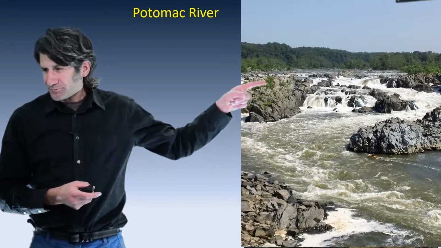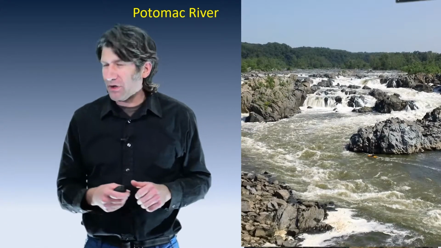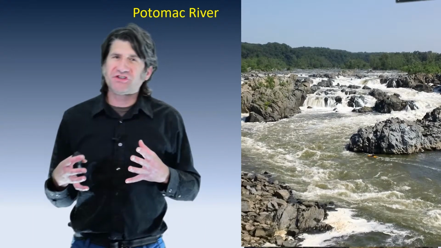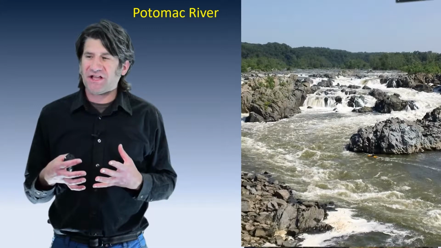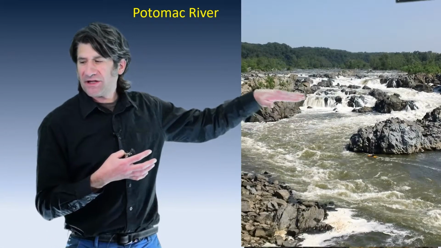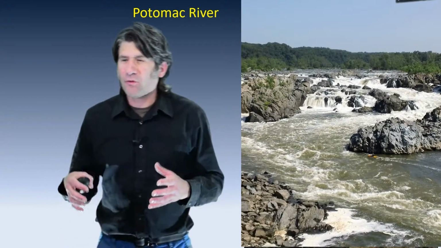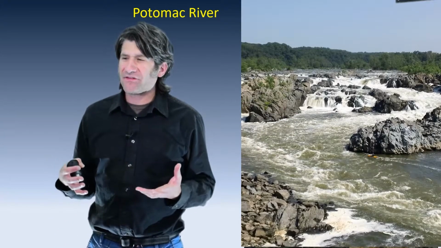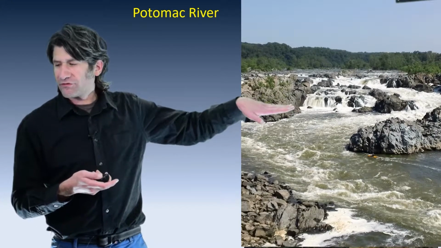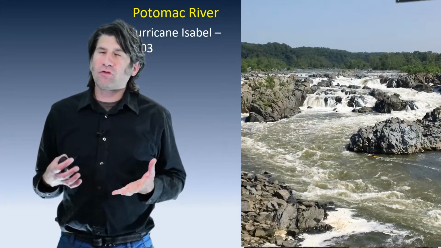We've got a nice bedrock channel, and we can think about when is geomorphic work done on the channel? Right now, we think we're getting a lot of erosion in the channel associated with water flowing over. So what drives erosion? Is it days like this where you have more standard water flow? Or is it after large flooding events?